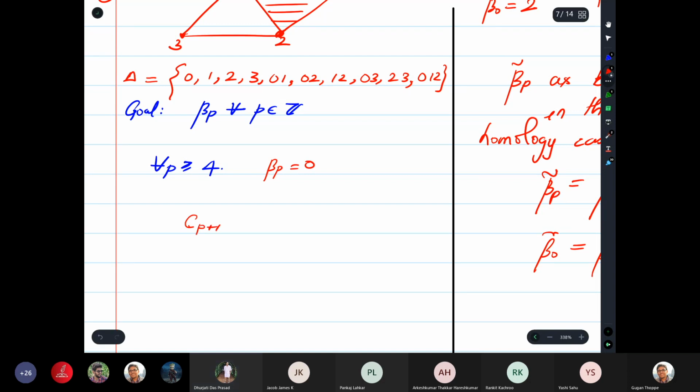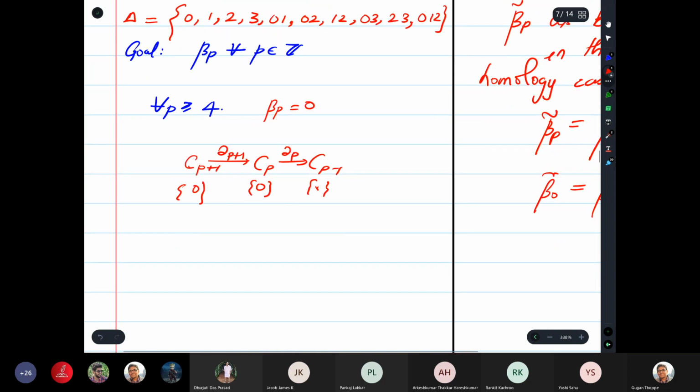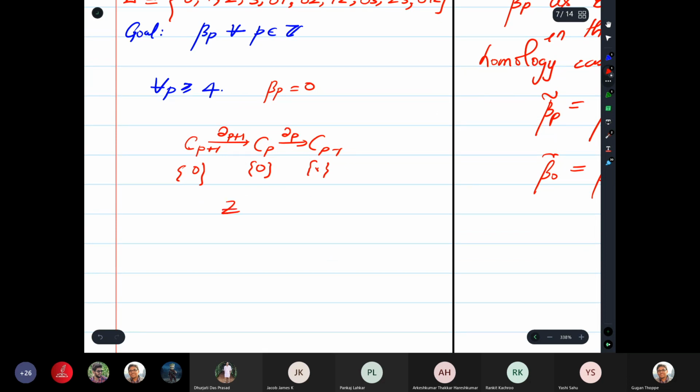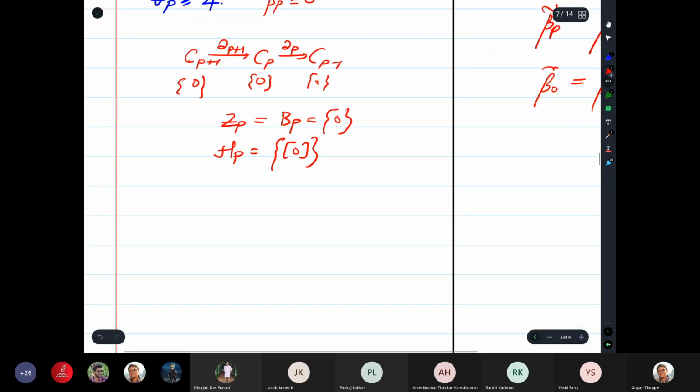So in general, C p plus 1, C p and C p minus 1 for p bigger than or equal to 4 will all be trivial. This is how the story will look. Since they will all be trivial, I hope you agree that Z p and B p will also be trivial. From this one can conclude that H p must be the trivial vector space, and hence beta p turns out to be 0.